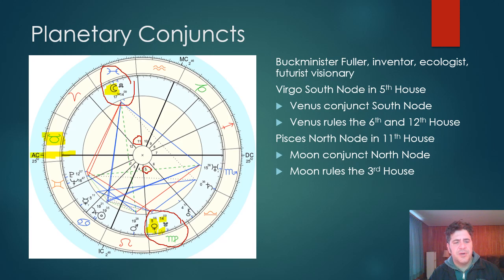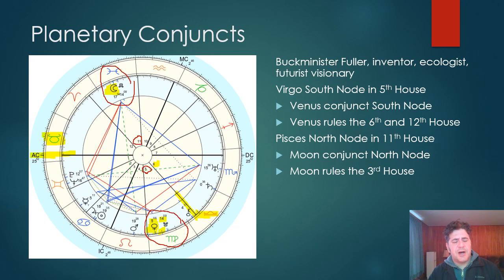Venus rules Taurus. So his ascendant is ruled by Venus, which means that his South Node is conjunct his chart ruler, which has to do with himself, and so maybe he was transcending that in a sense. And then it also rules the 6th house. The 6th house cusp is in Libra, so Venus rules the 6th house as well.